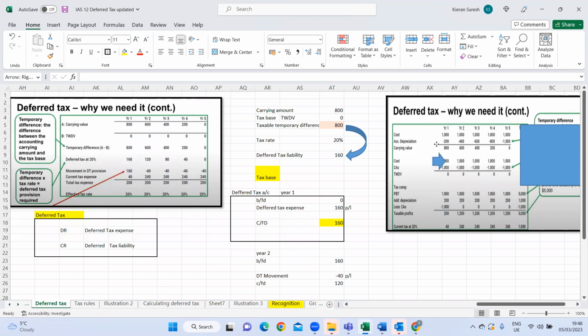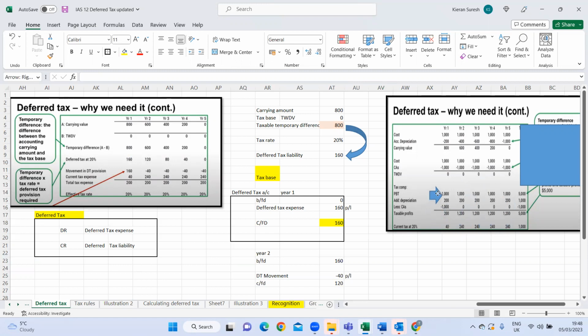So what I'm trying to explain here is the final impact. See, earlier, when we tried without deferred tax liability, you could see the tax charge was not even. We made the same profit, 1,000, but the first year's tax was 40, and then 240. So there is a mismatch, isn't it?